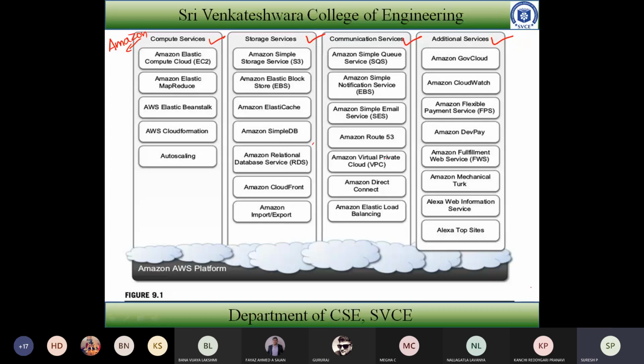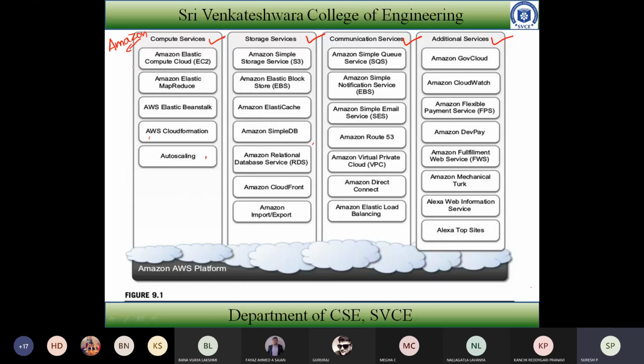Now the question is, under compute services, what are the different services it provides? Under compute services, Amazon provides Amazon Elastic Cloud, which is one service.